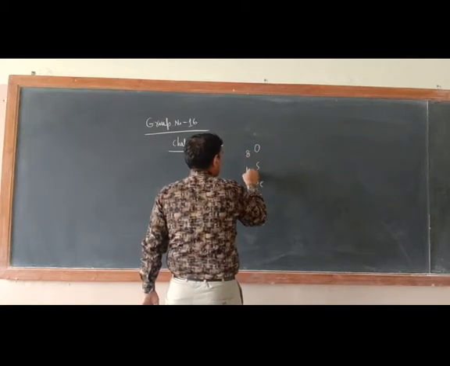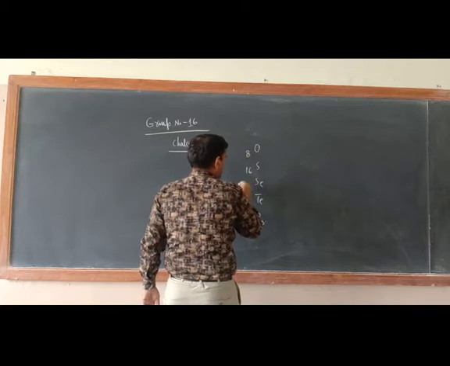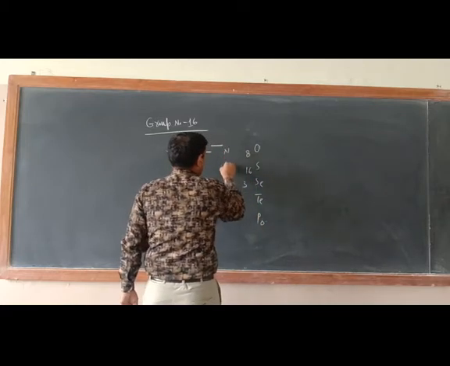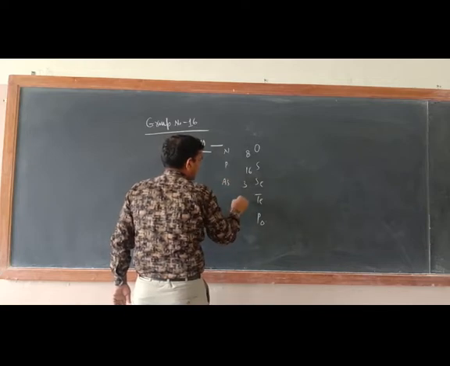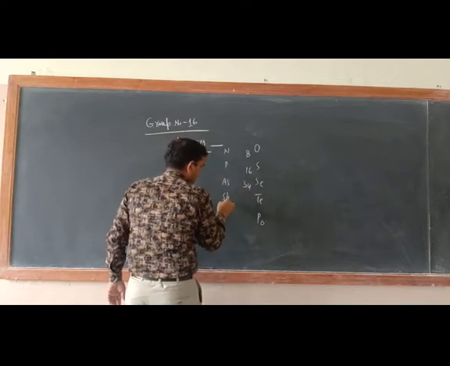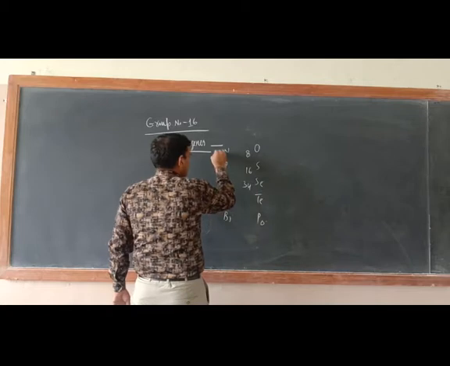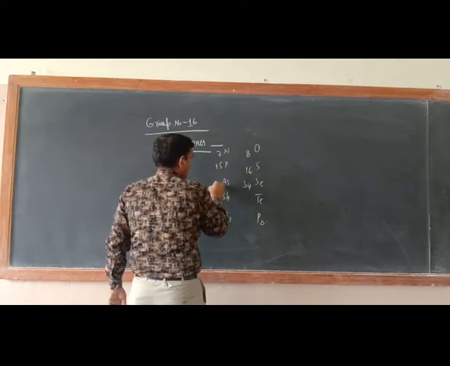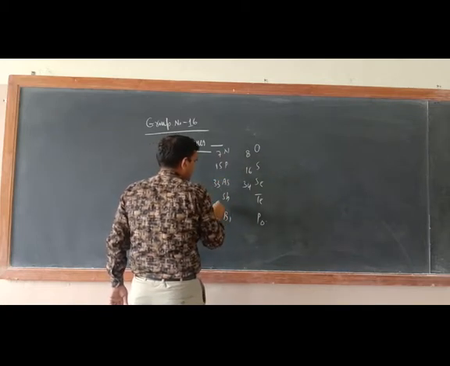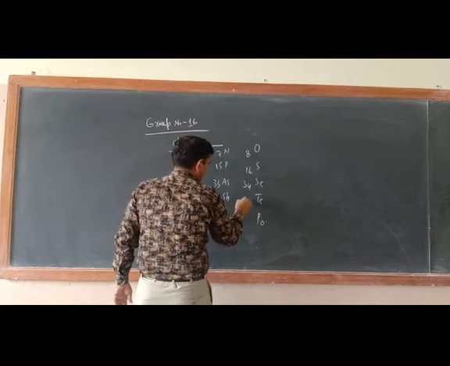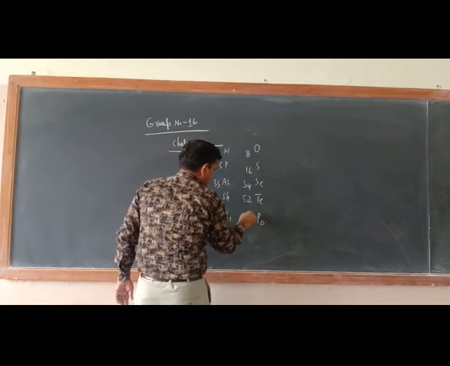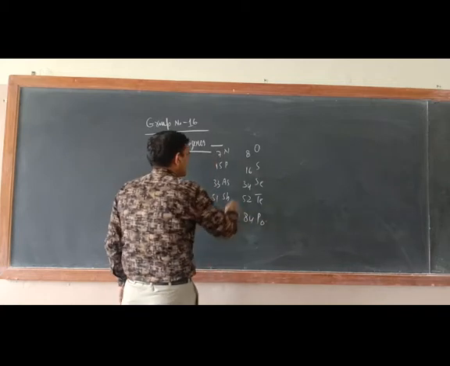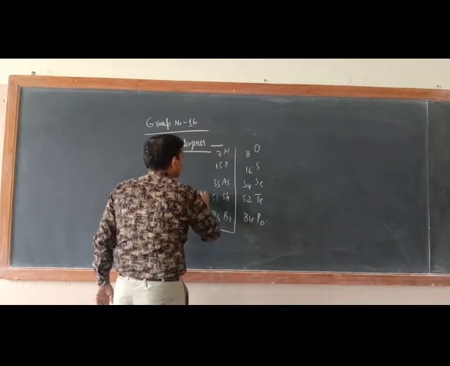This is 8, 16. What is this one? Just see: nitrogen, phosphorus, arsenic, antimony and bismuth. Okay, so this is 7, 15, this is 33, this is 51, so this is 52, this is 83, this is 84.